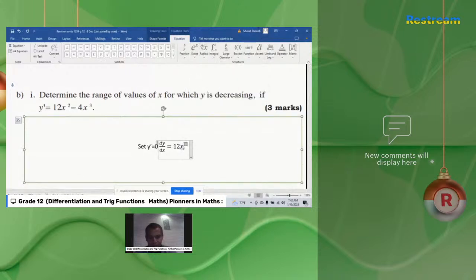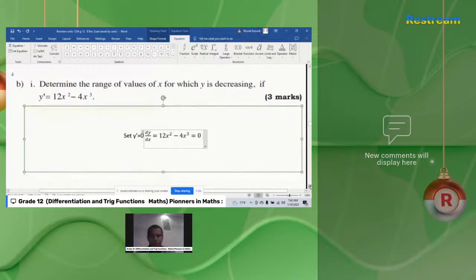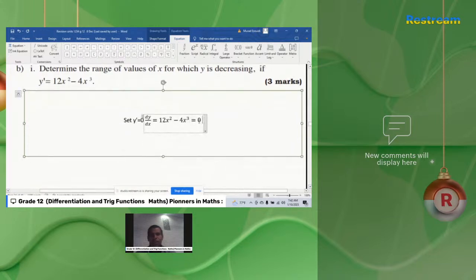This should be equal to 0 to find the stationary points. Therefore, here I'm going to find the value of x.